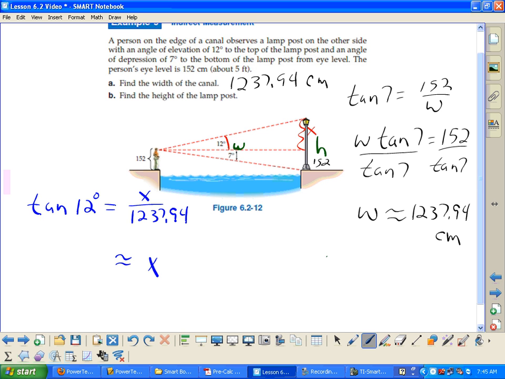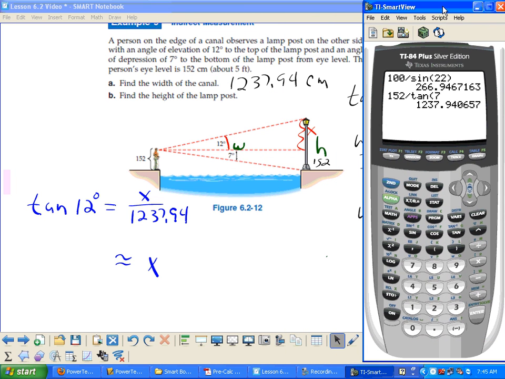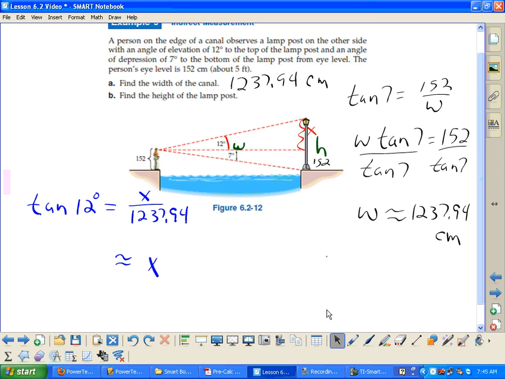So X then would be approximately, and back to our calculator, so we have 1,237.94 times the tangent of 12, and we get 263.13 centimeters.